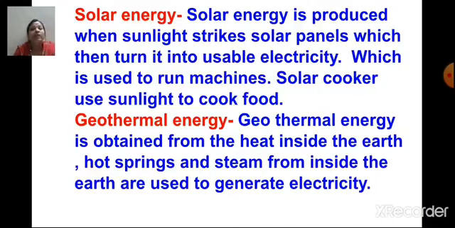Now next is solar energy. Children, you know that the sun is there, sunlight is present on the earth in abundance, means too much sunlight we get. Solar energy is produced when sunlight strikes solar panels, which then turn it into usable electricity, which is used to run machines.